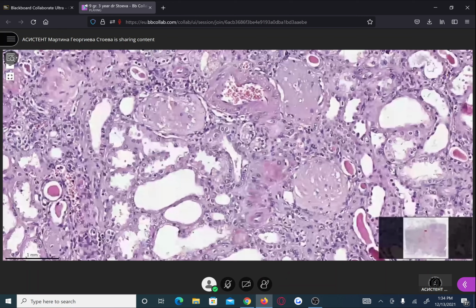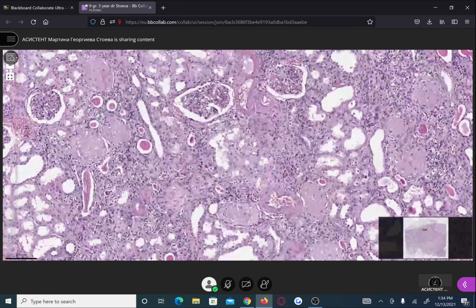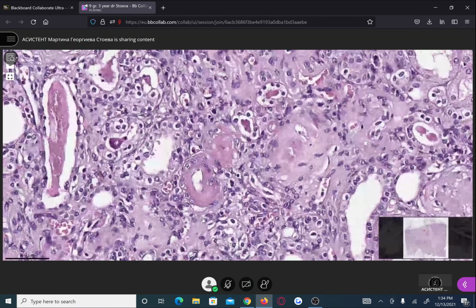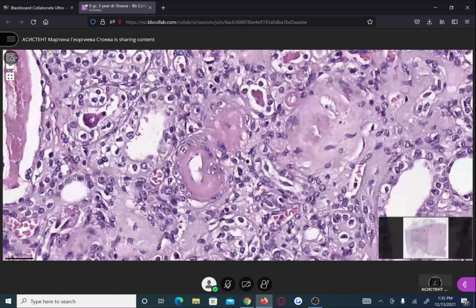Also, we can find hyalinization of the arterioles. For example, here this is one arteriole, whose wall is thicker because of the accumulation of the same homogeneous pinkish material.